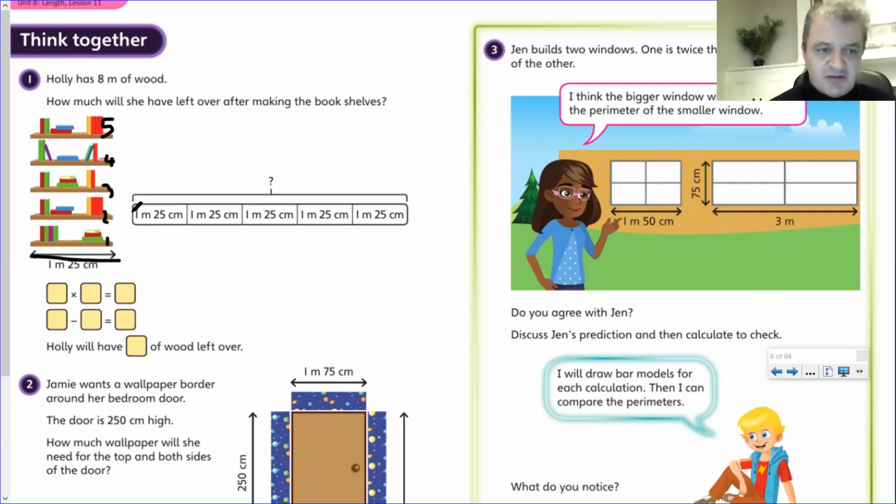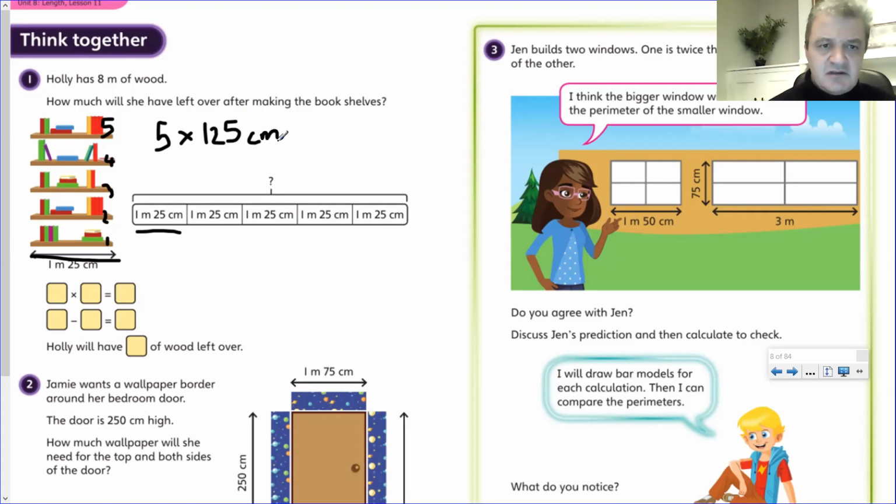We can do a bar method. Our bar diagram shows us this: 1 meter 25, 1 meter 25, 1 meter 25, 1 meter 25, 1 meter 25. What do these 5 lots of 1 meter 25 add up to? We can say 5 times 125 centimeters.